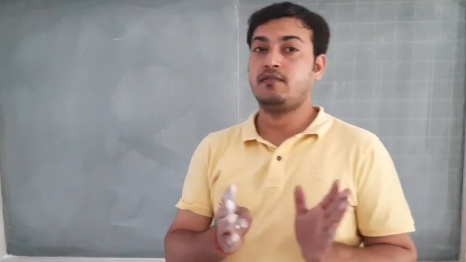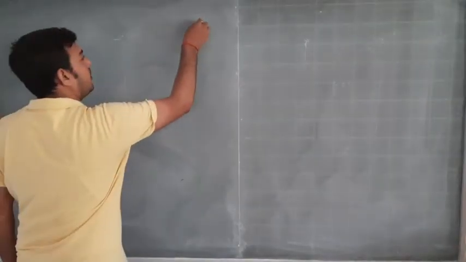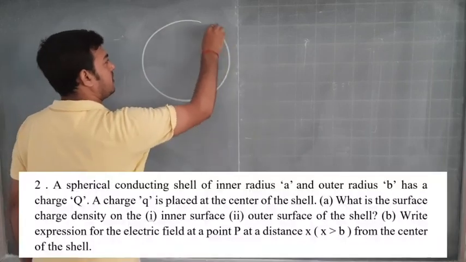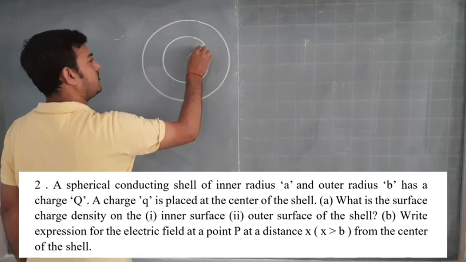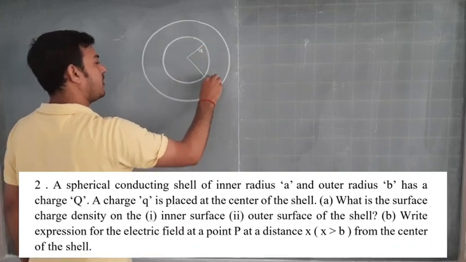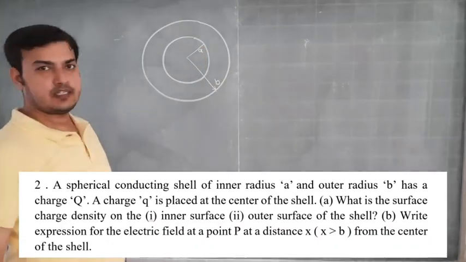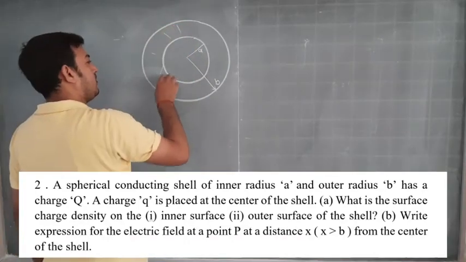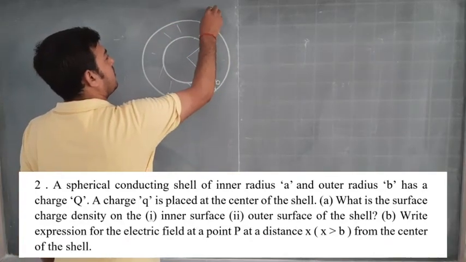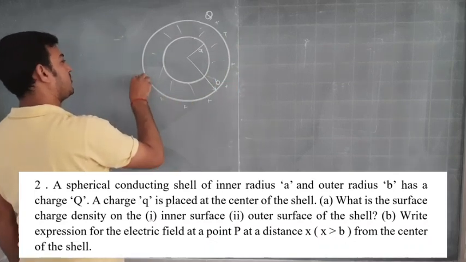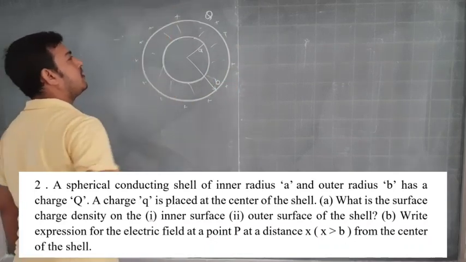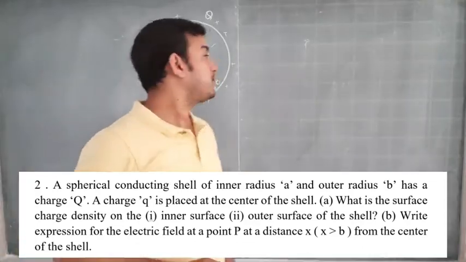Now we will consider a problem based on the facts that we have studied right now. So suppose I have a hollow shell of inner radius A and outer radius B. The charge on this shell is capital Q, so that will reside on the surface.